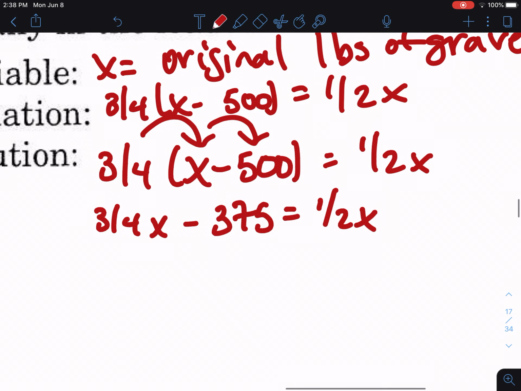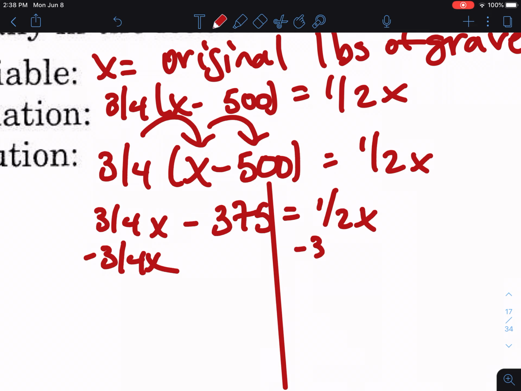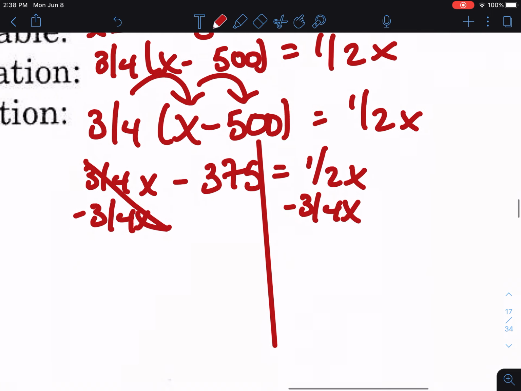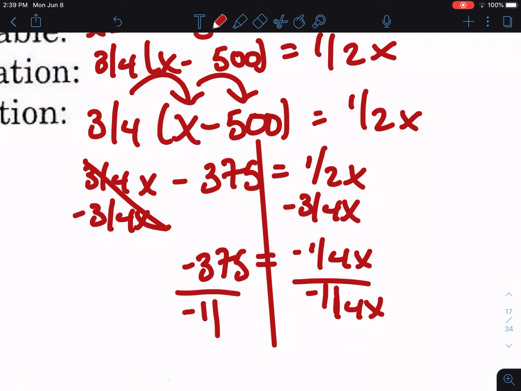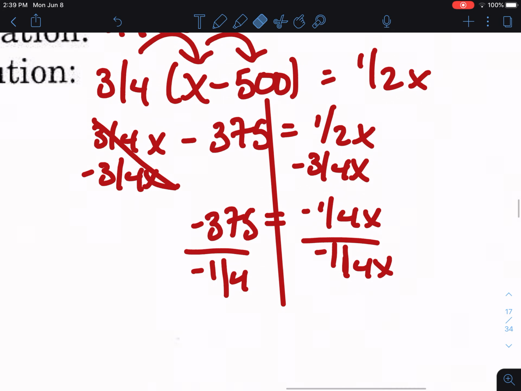Okay? I'm going to subtract 3/4 X, our dividing wall, from both sides. Left hand side, I'll end up with negative 375 equals 1/2. Plug that in your calculator. 1/2 minus, and then plug in 3/4, and you should get negative 1/4 X. Now we're going to divide both sides by negative 1/4, sorry.